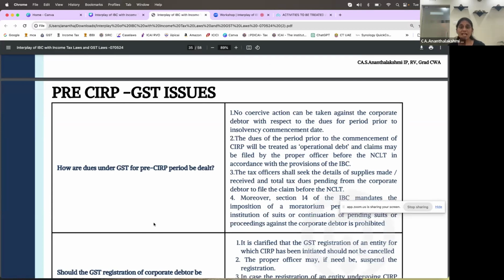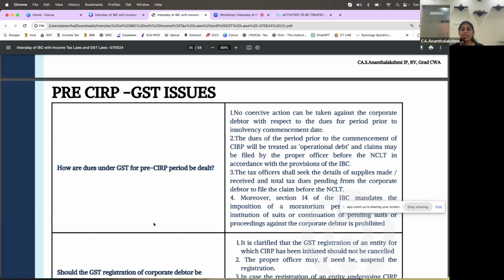Okay, we will see some pre-CIRP GST issues and how they have been addressed. First, these are the things which have come as a clarification. They have issued certain FAQs and given answers to the issues that were faced in earlier days. Generally, whenever an IRP or RP is appointed, the GST department comes and pressurizes the IRP or RP to make payment of the earlier period.